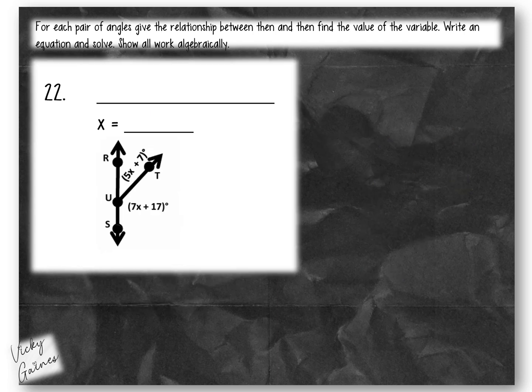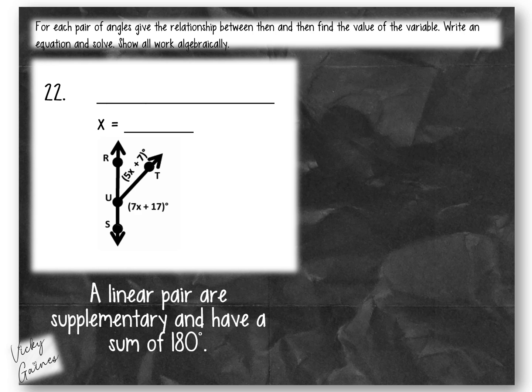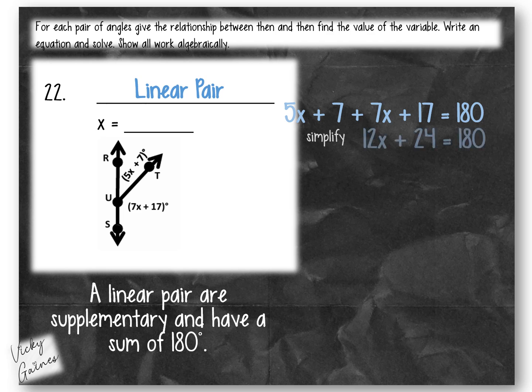22, same directions. These are now forming a linear pair. They're supplementary. So they add to 180. So 5x plus 7 plus 7x plus 17 equals 180. Simplify, combine like terms on the left-hand side of our equation. 5x plus 7x is 12x. 7 plus 17 is 24.